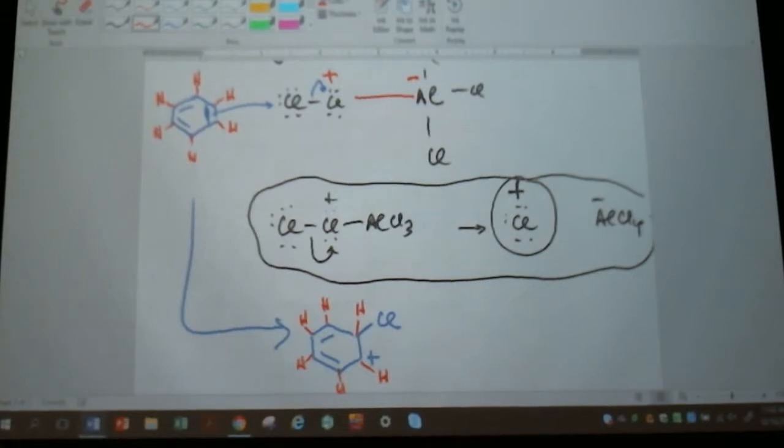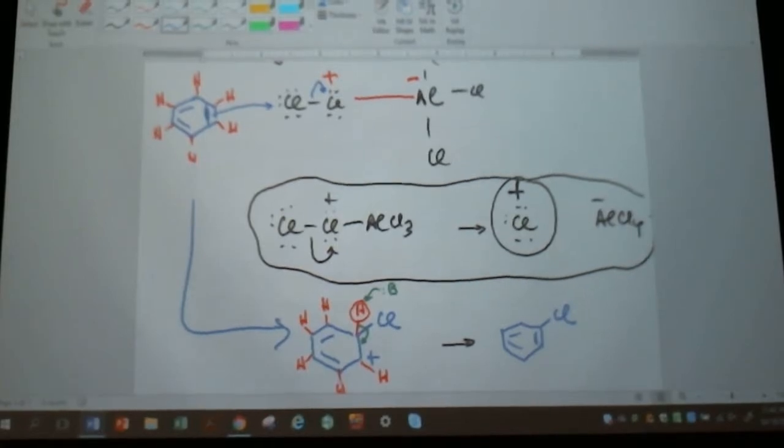But this benzene is desperate to re-aromatize. And at this point in time, this hydrogen is about the most acidic hydrogen in the world. Anything floating around, we'll call it a base, but it could be any molecule, can extract this hydrogen, put these two electrons back in here, and give you back your aromatic ring.